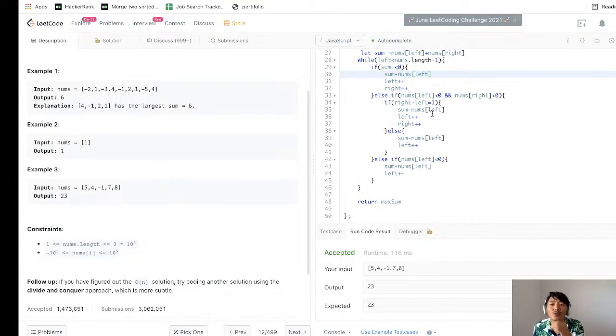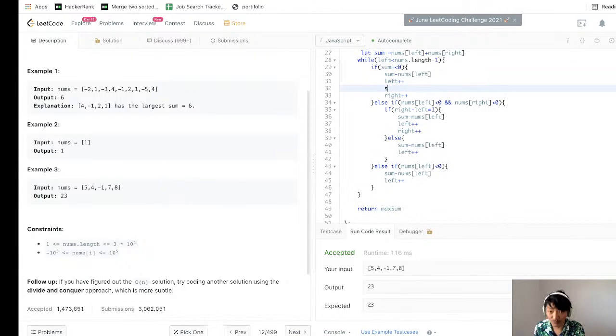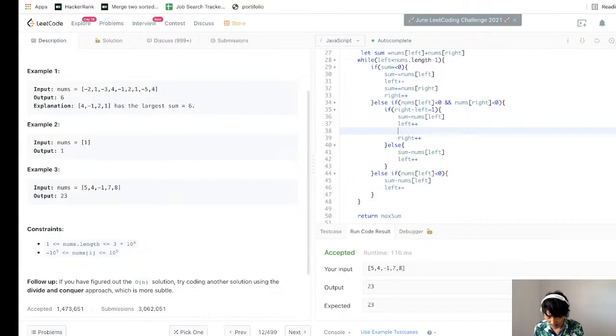When we increase the right, we need to do sum plus equals nums of right, and sum minus equals nums of left. And this also has to reflect here: sum plus equals nums of right.